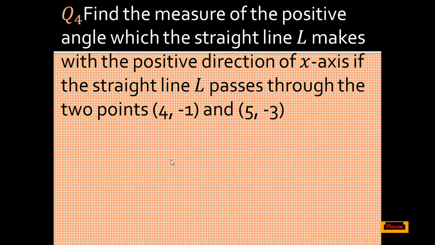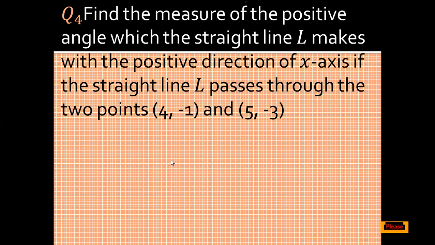Find the measure of the positive angle which the straight line makes with the positive direction of the x-axis, if the straight line L passes through the 2 points (4, -1) and (5, -3). We said that the slope of a straight line equals tan theta, where theta is the angle which this straight line makes with the positive direction of the x-axis.